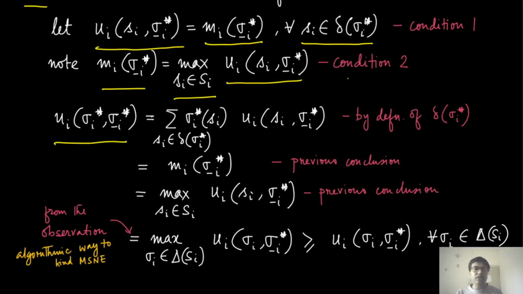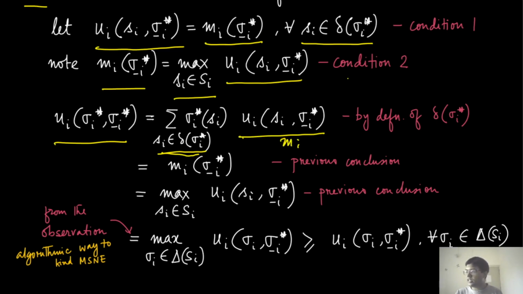So let us write down the expression for the utility of agent i at sigma i star and sigma minus i star. Quite naturally, we can write it as before, with the reduction in the strategy space, because we only need to consider the support where the probability mass is positive. Okay, so now we know that whenever your strategies are only on the support of sigma i star, all these Ui values are the same, and that is exactly equal to mi of sigma minus i star.